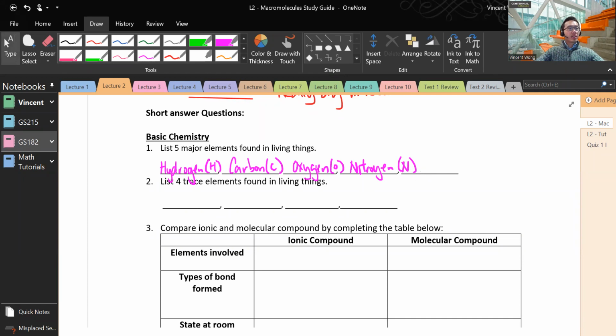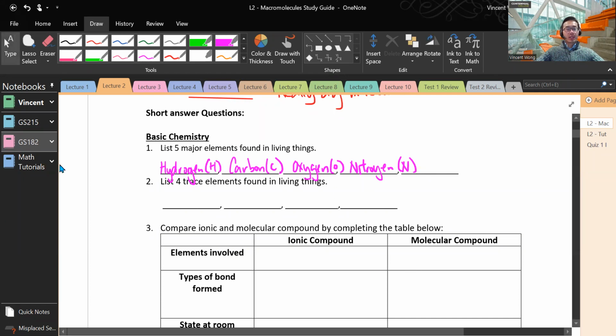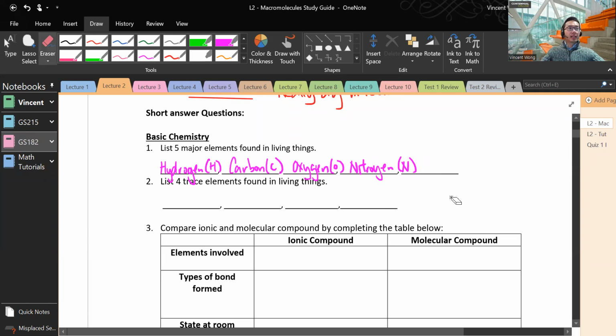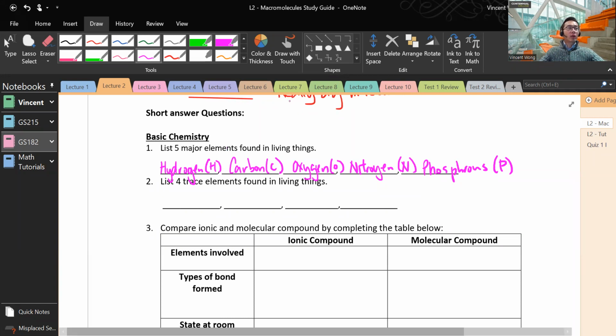Oxygen is not trace though, oxygen is one of the major ones, okay? Let's see. No one has mentioned this one yet. It is phosphorus. Okay, P. So these are the major elements that are found in all living things, meaning that you would find these elements in high percentage within a living organism.